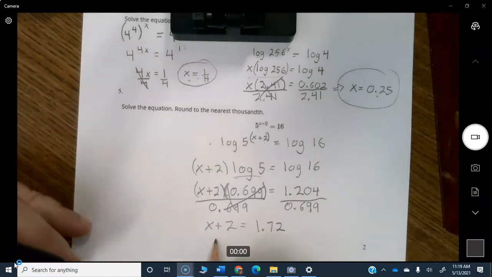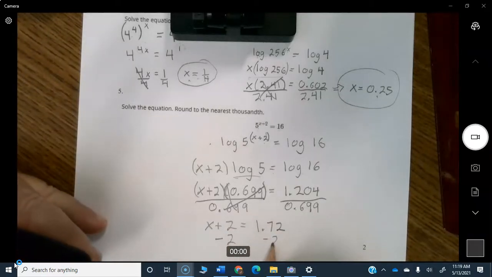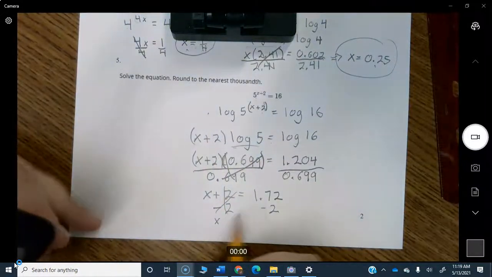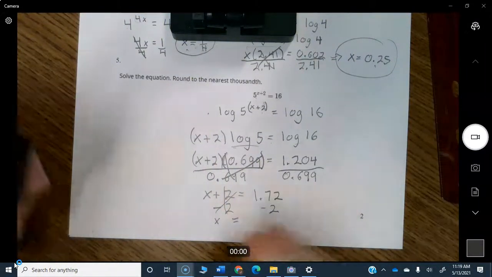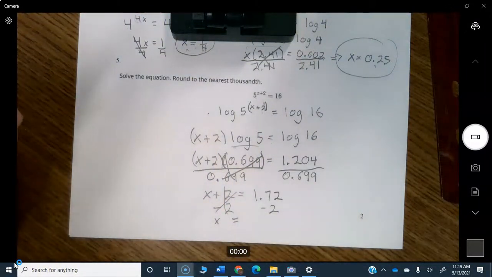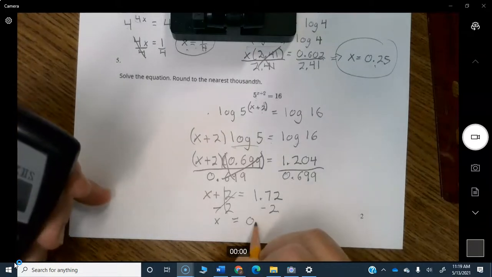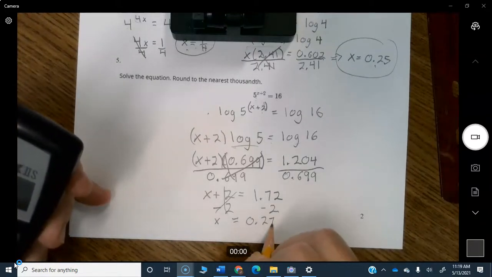Okay, subtract 2 from both sides. Okay, and over here these cancel and you end up with x. X equals 1.72 minus 2 is 0.277. And that is a negative.